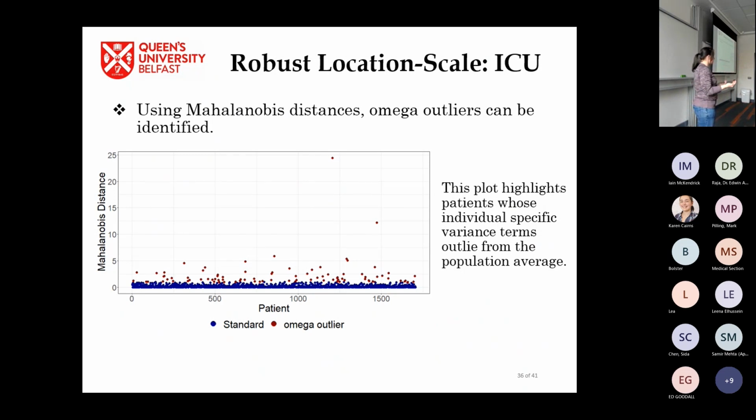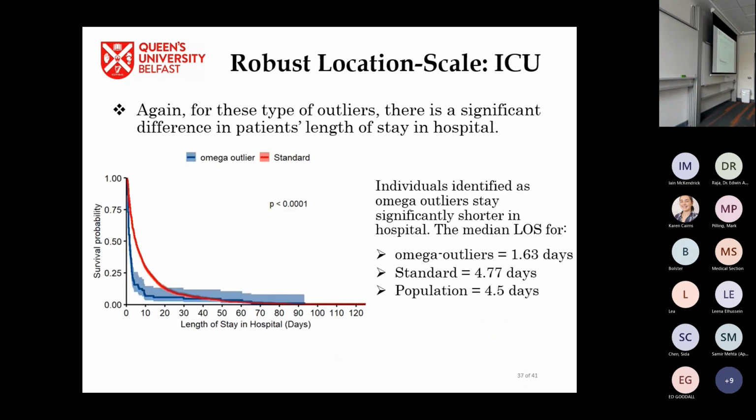So being able to identify those individuals is key. So we can use the likes of Mahalanobis distances to do that. And you probably can't see because of the light in the room, but the red dots are the ones that are going off into the distance. That's all of our outliers, individuals that have variance terms that lie outside the population average.